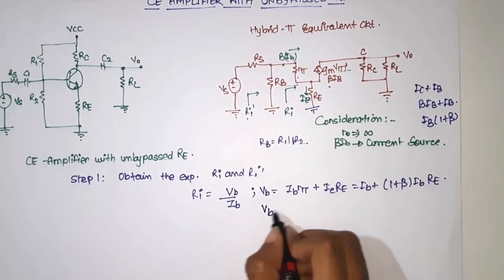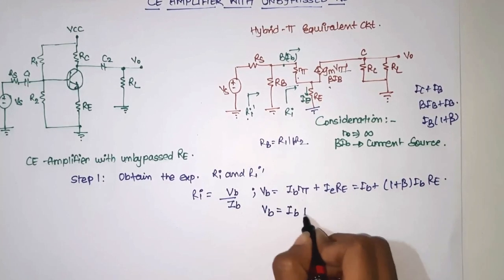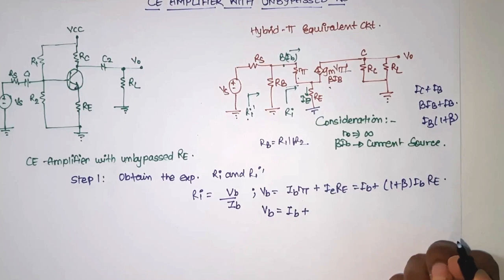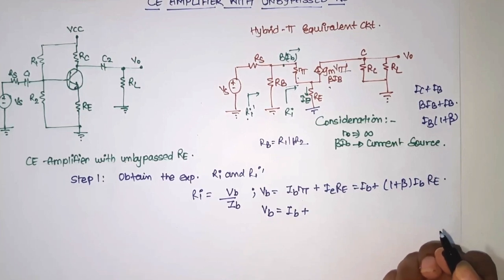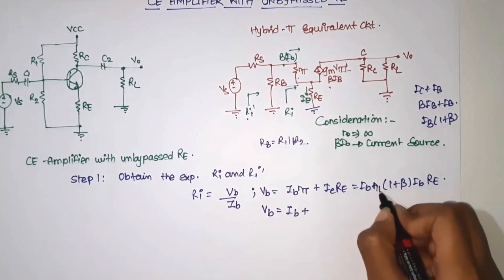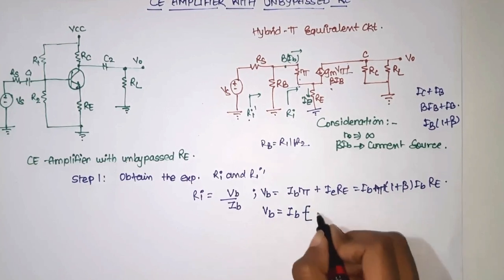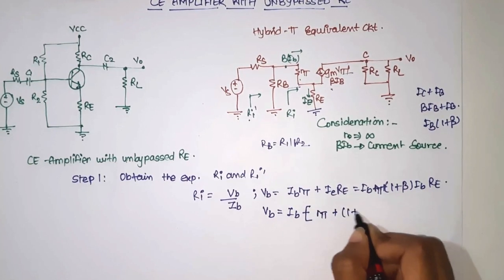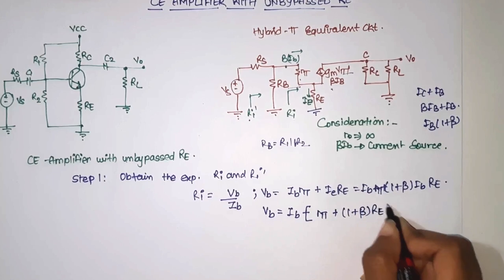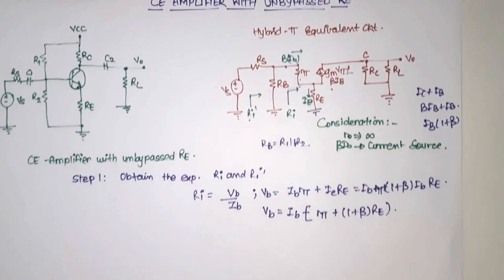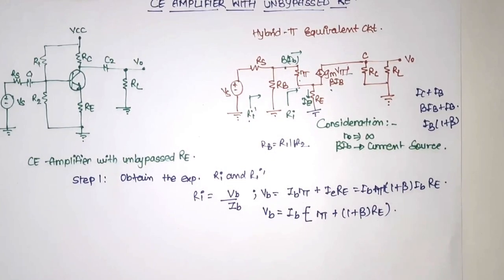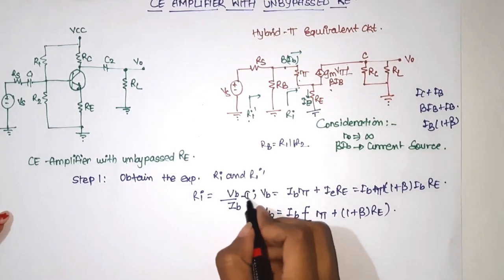So VB is equal to IB R pi plus 1 plus beta times IB RE. Taking IB common, VB is IB times R pi plus 1 plus beta times RE. This is the value that we get for VB. Once we have it, we'll substitute that in equation 1.